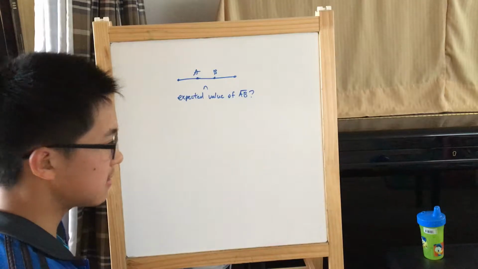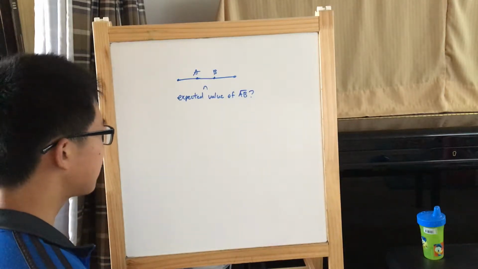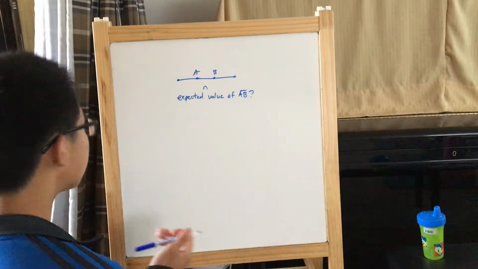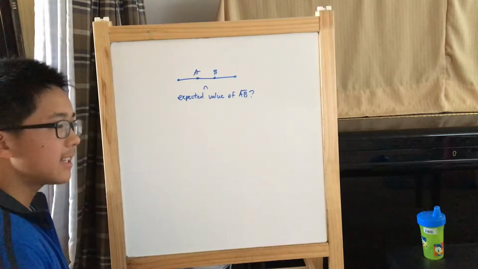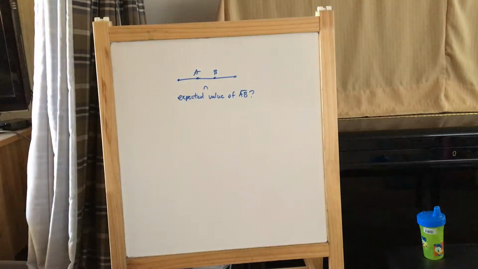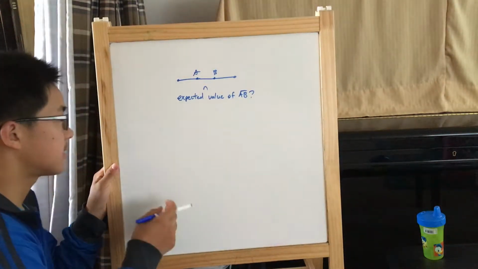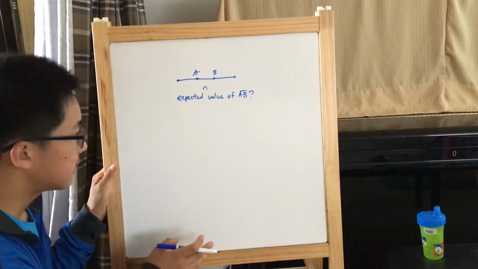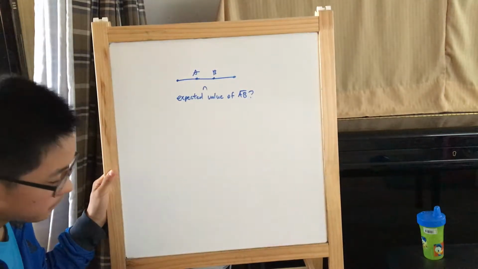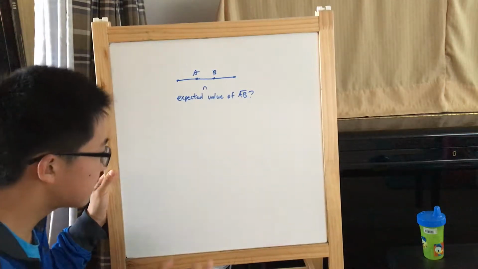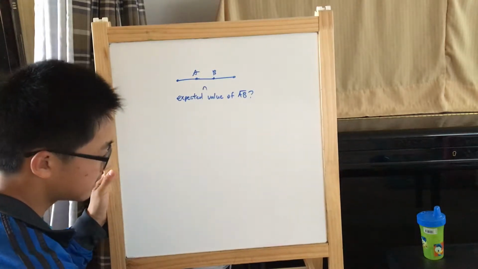Just in case you don't know what expected value means, expected value means you run lots of trials, take the average of all of those trials, and ask what you would expect as the average. For example, if you were rolling a standard six-sided die and wanted to know the expected value of one roll, you would take lots of trials and take the average.